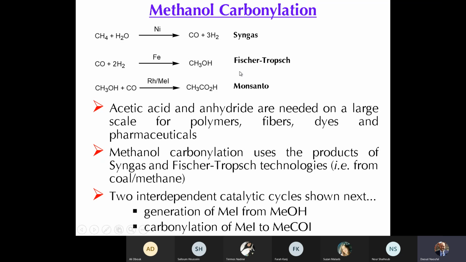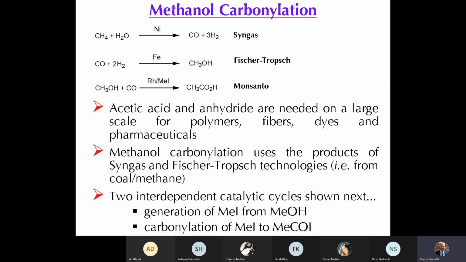This is the Fischer-Tropsch industrial process. The decomposition of methane with water in the presence of nickel catalyst to form carbonyl and hydrogen. This is the syngas process.